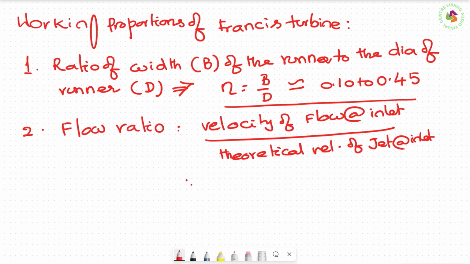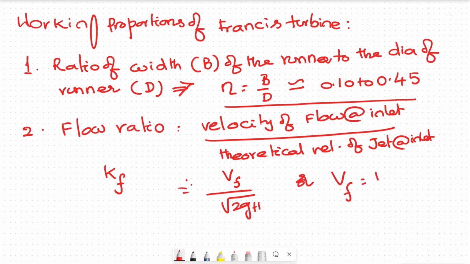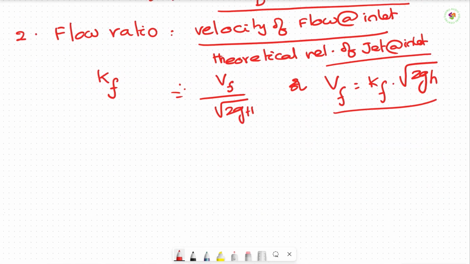This is what we call the flow ratio, and it is represented by Kf. We call the velocity of flow Vf, and the theoretical velocity is always root 2gH. So Vf is equal to Kf into root 2gH. This is the relation between the theoretical velocity and velocity of flow, and this Kf value varies from 0.15 to 0.30.